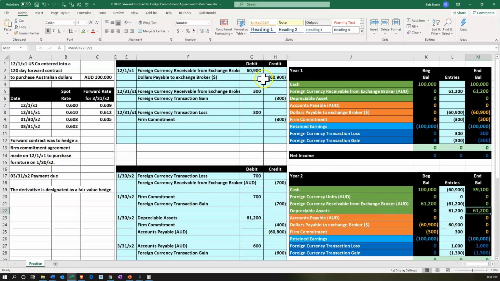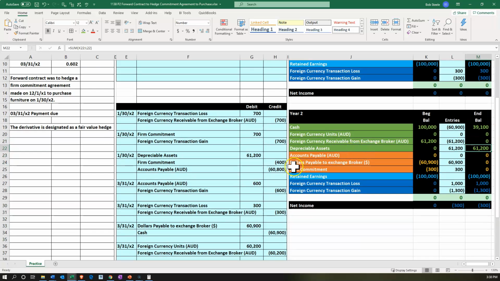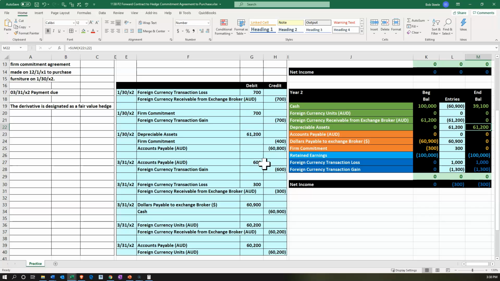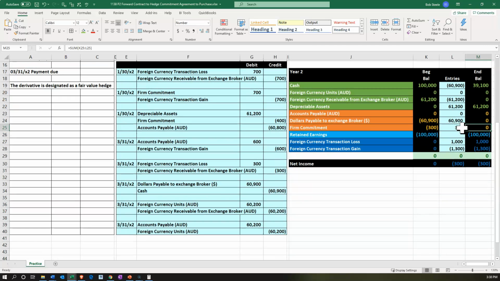We had to deal with the forward contract where we capitalized the gains and losses, and then we included the gains and losses not on the income statement, but as part of the depreciable asset, and then we kept the forward contract going until the actual payable was paid. So then the payable finally went down to 0. The dollar payable to the exchange broker has now been paid off. The firm commitment is now gone to 0. It's been included in the depreciable asset.